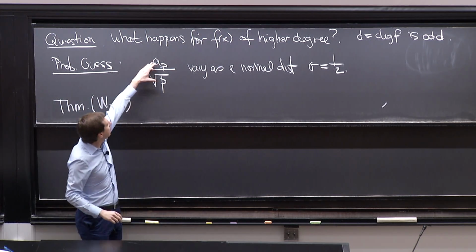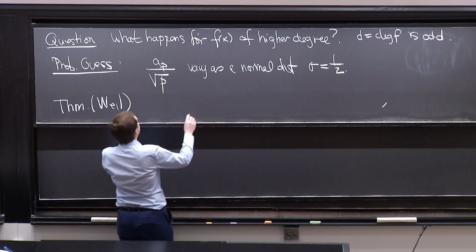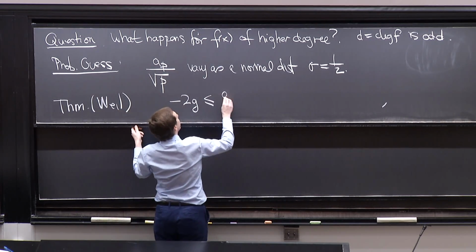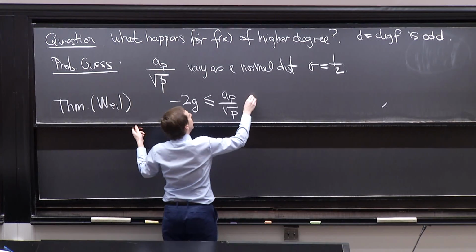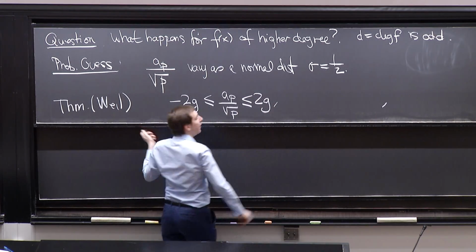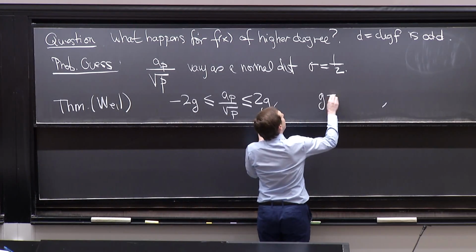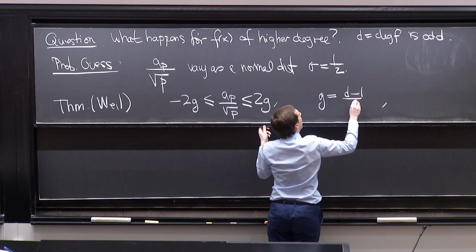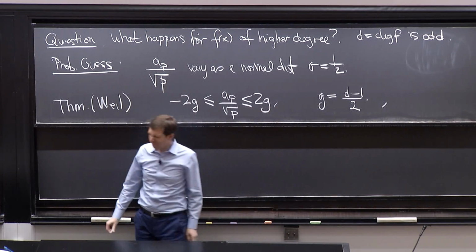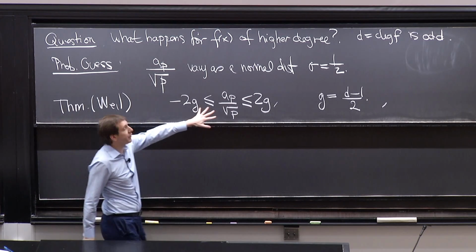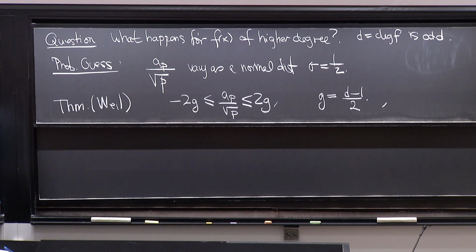It says you don't quite get this, but it gives you a particular bound, namely that minus 2g is less than or equal to a_p over root p is less than or equal to 2g, where g only depends on the degree and is equal to (d minus 1) divided by 2. So for polynomials of degree 1 you always get 0, but for polynomials of degree 3 and higher, at least this constraint is not giving you anything necessarily forced to be a specific number.